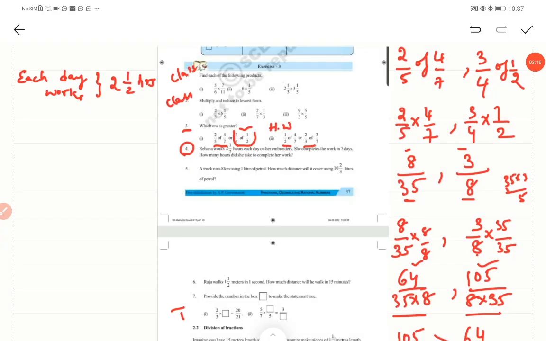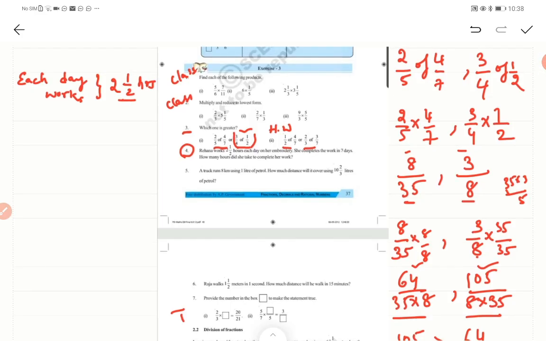It's given Rehana works each day 2.5 hours, and she has completed her whole total work in 7 days. They're asking how many hours did she take to complete the work. So it took totally 7 days for her to complete the whole work.